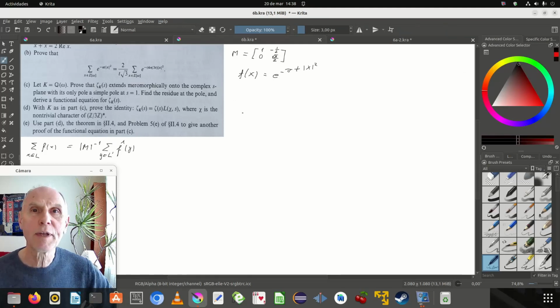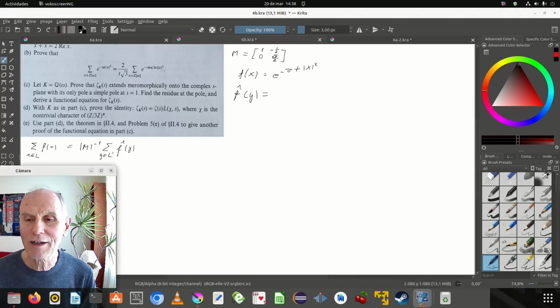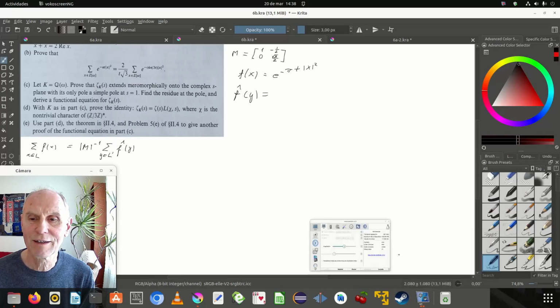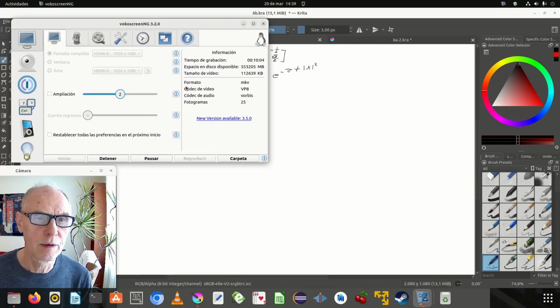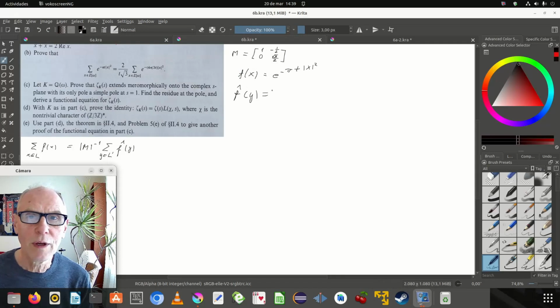And now it's been a week, so I've forgotten what the Fourier transform of this is. We call that Y. We also have to sum over another lattice. So I'll just make a break while I find that. It turned out to be what I hoped it was.